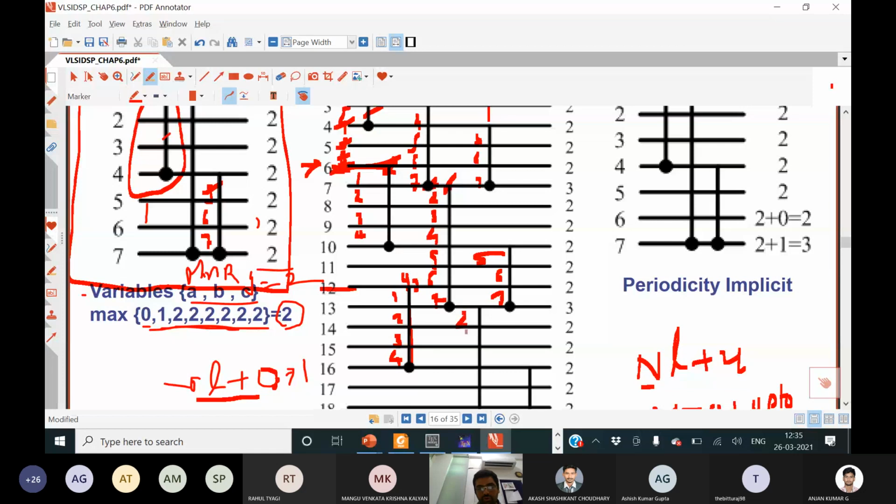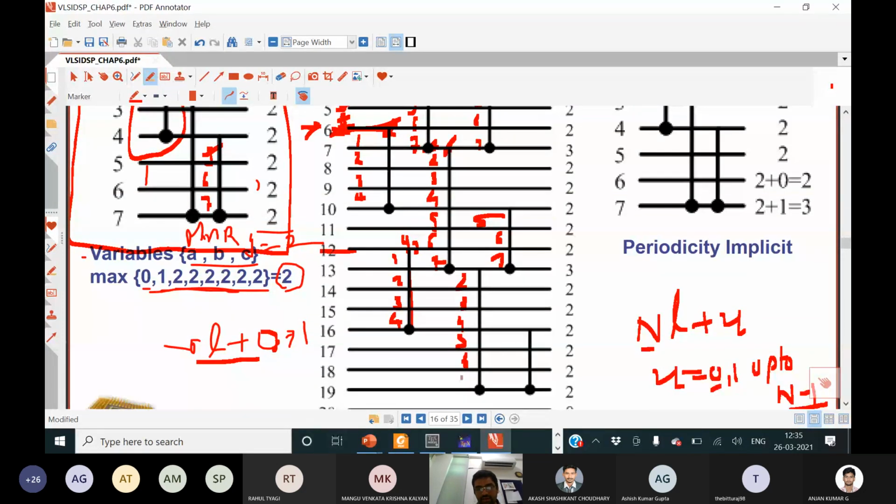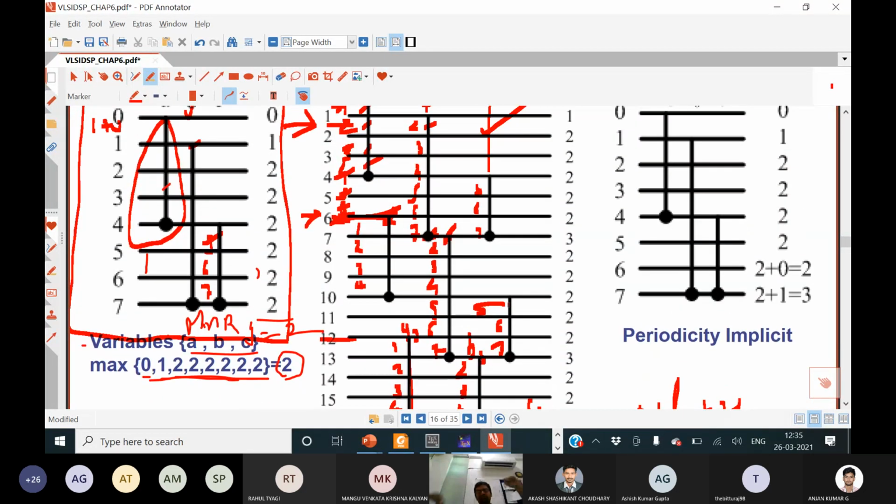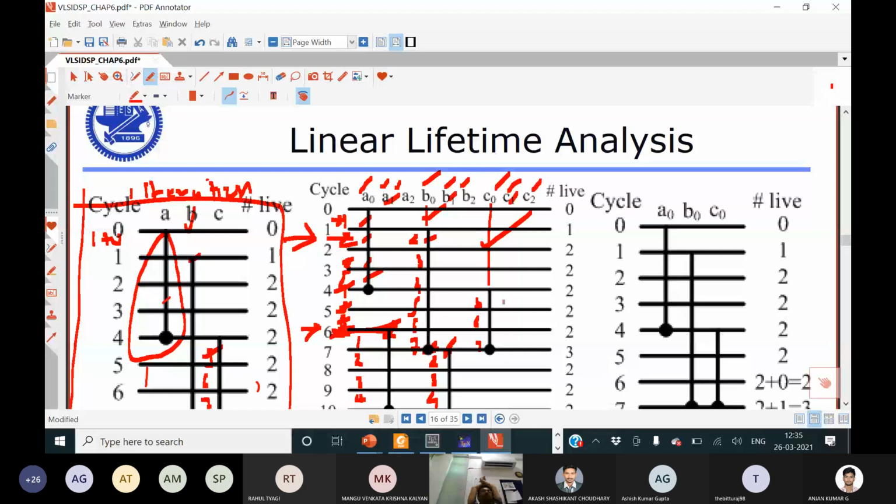This is for 2, 3, 4, 5, 6, 7, so this is probably for B3, and this is for C3. C3 is for 5, 6, 7. So this keeps on running for a number of iterations. This way you can define it.